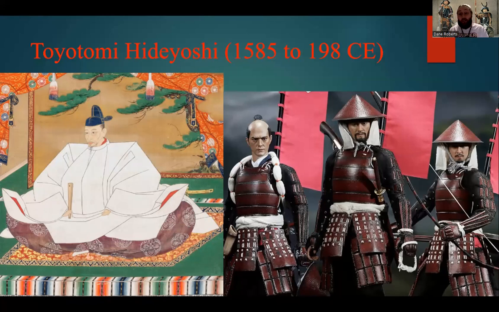And actually, unlike all of the daimyo that we talked about previously, Toyotomi Hideyoshi was not from the samurai class. He was actually the son of an ashigaru, a peasant infantryman. However, due to his skill in battle, he was recognized by Oda Nobunaga and was promoted to the rank of samurai and became Oda Nobunaga's best general.